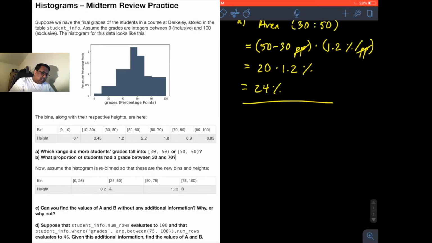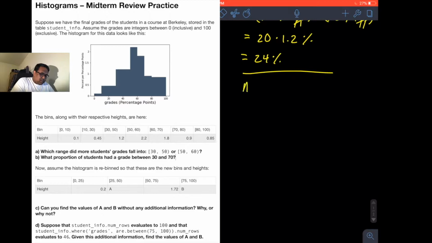Now we need the area of the 50 to 60 bar. So now the width is calculated the same way. 60 minus 50 percentage points times the height, which is 2.2% per percentage points.